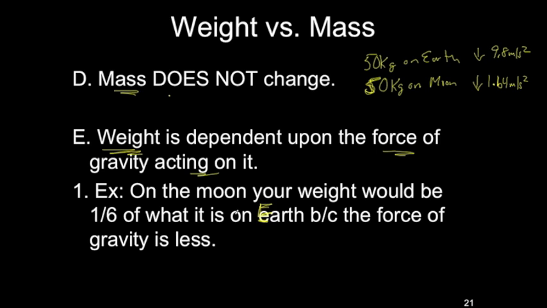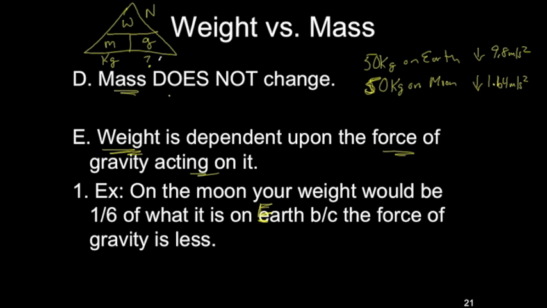That's basically it. You just have to remember that weight is a formula. The formula for weight is mass times gravity. And remember, weight is still measured in newtons. We have kilograms and whatever the gravitational acceleration is.